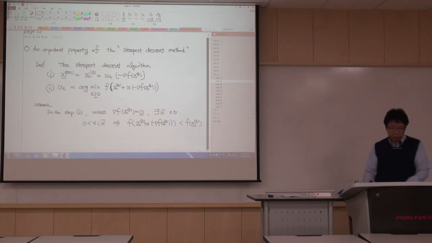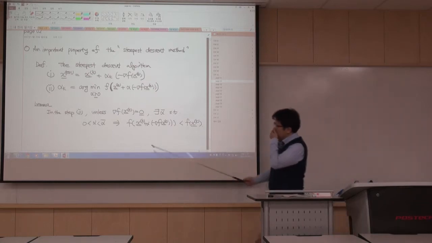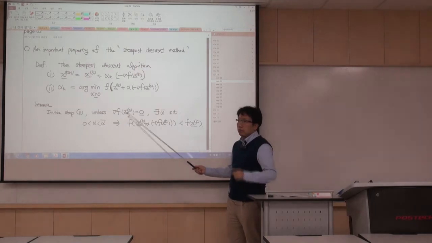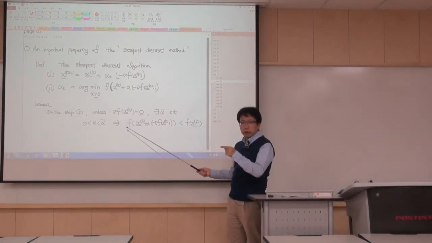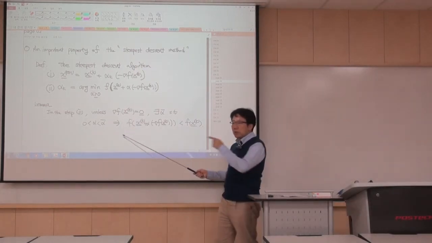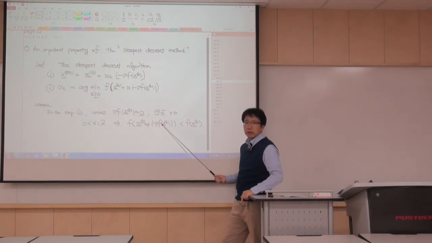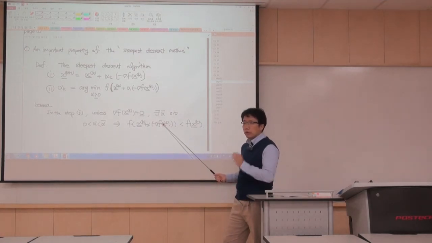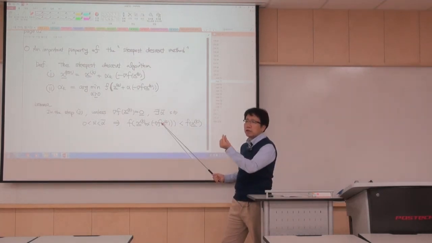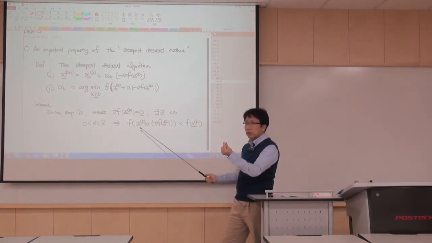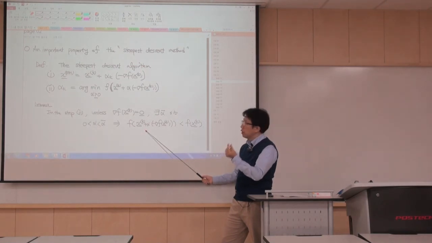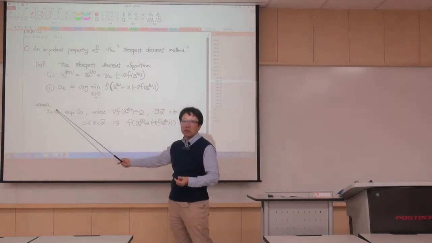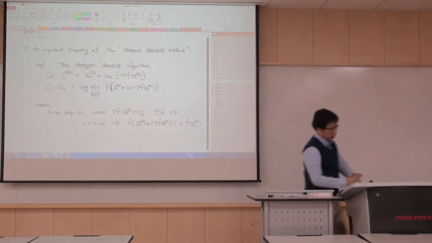Okay. So this means that if you move in the opposite direction of the gradient, there always exists a very small step size that reduces your objective function value. Okay. By the way, this property is for general gradient methods.